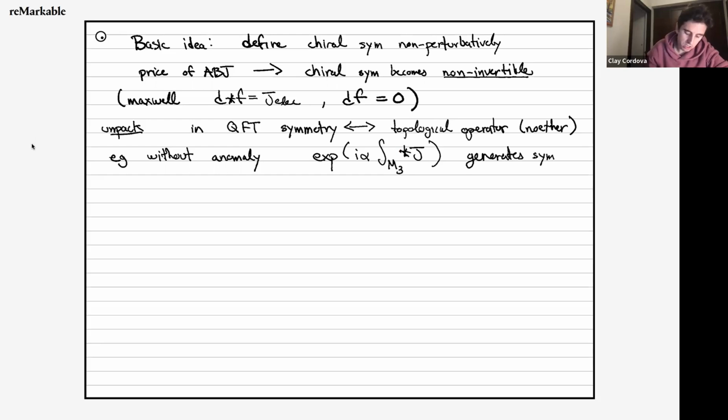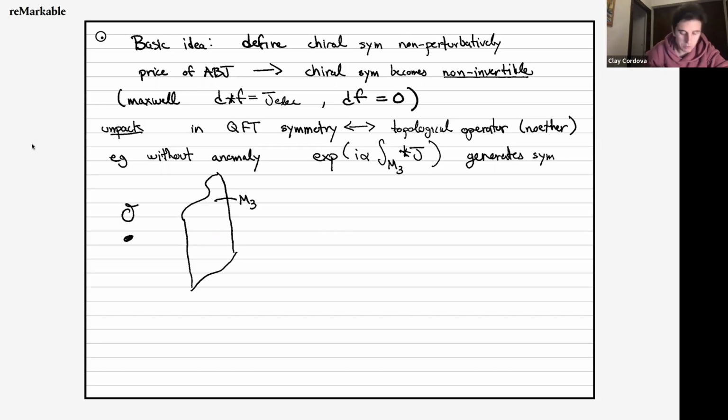Let's draw a picture. The picture is that you have some 3-manifold. It's codimension 1 in space-time. So this is some M3. This is where we put this operator. We've put it on this M3. And it's topological, which means that if you wiggle M3 around, nothing will change in the correlation functions.